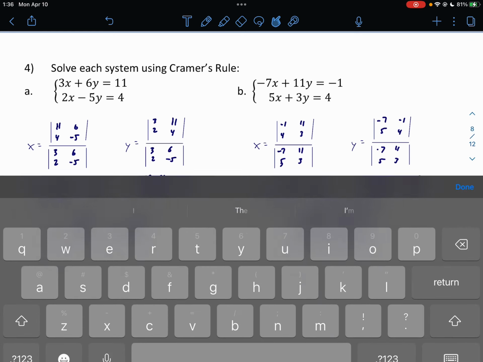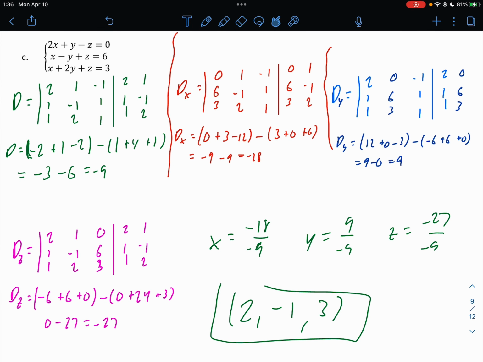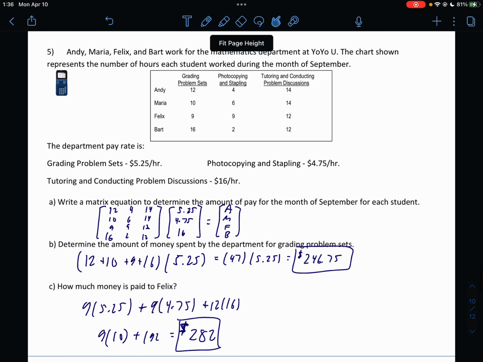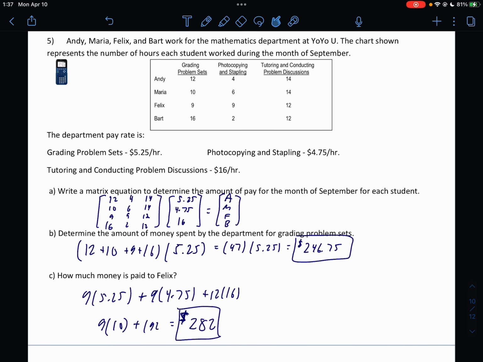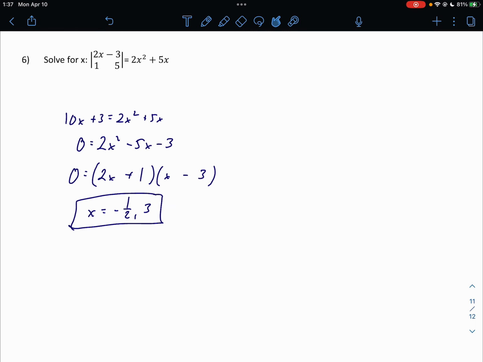Slide 4 of practice, there's the 3-dimensional Cramer's rule. Next slide, some more mixed practice. And we got one more slide to go. Again, you can pause this, rewind this video as much as you need to check your answers.